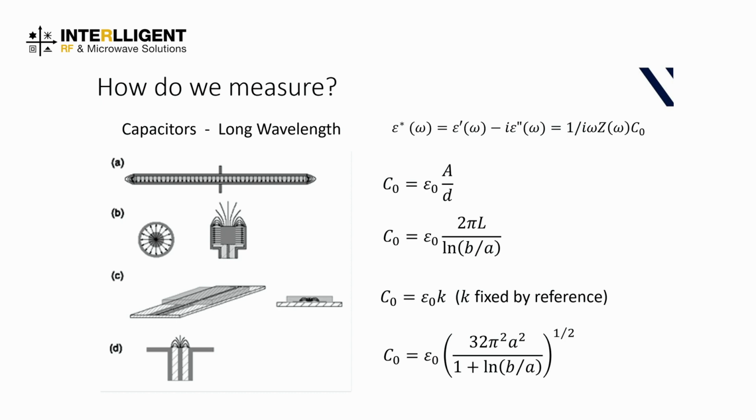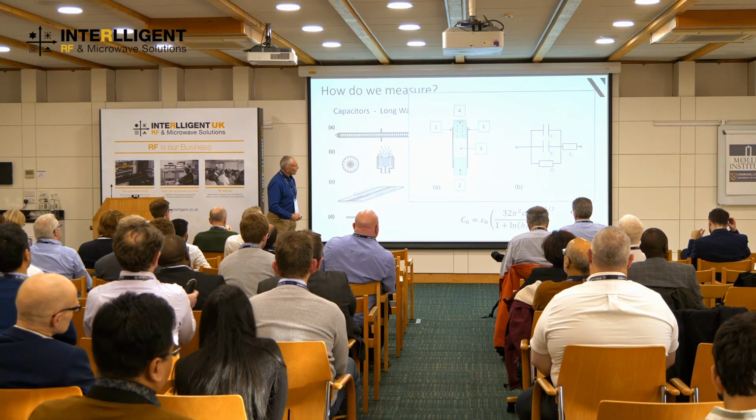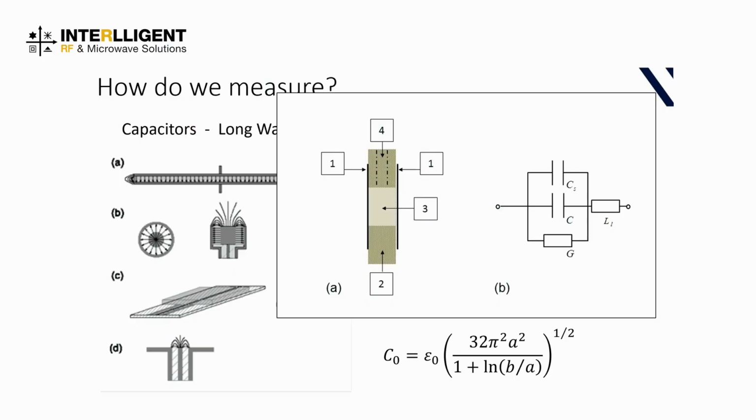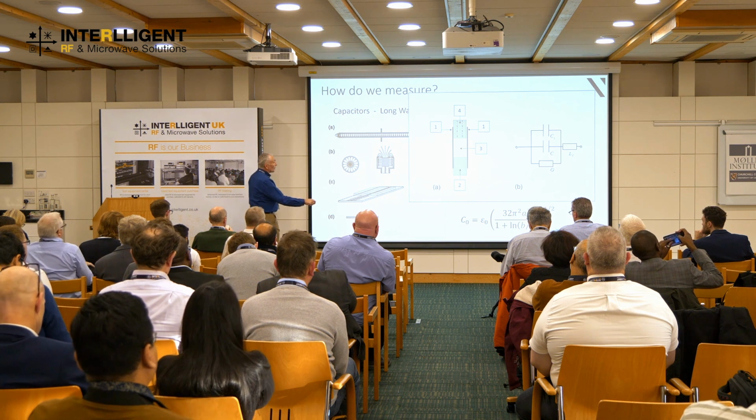Now, I'm not going to go too deeply into measurement techniques, but let's have a quick look at this one. That's a capacitor cell, and you can see there's an element happening outside the cell as well, a sort of fringing field on the outside part of it. There's the sample I really want to measure.